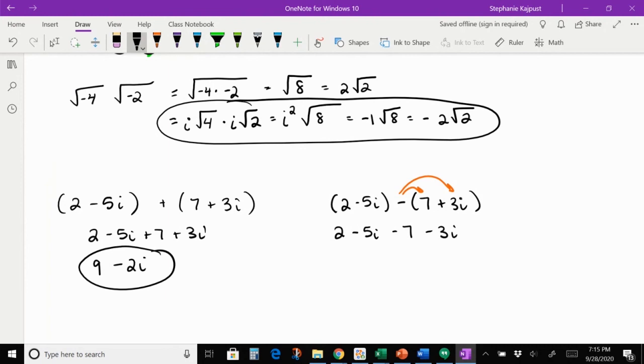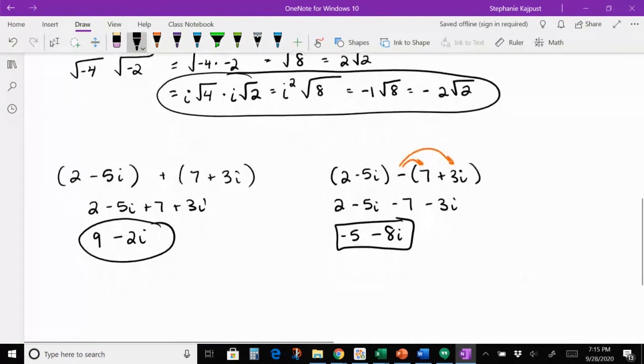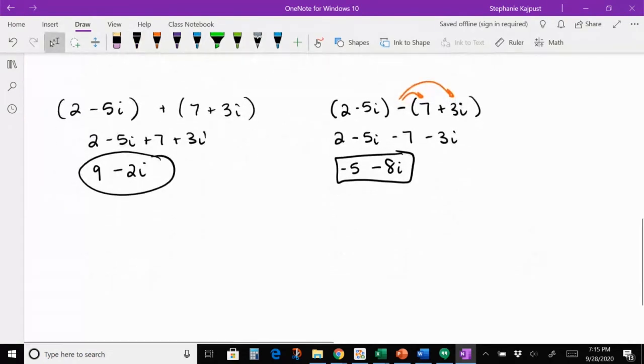Then you add your like terms. 2 minus 7 is negative 5. Negative 5i minus 3i is negative 8i. And there's your answer. There's your complex number. So even though it's an imaginary unit, it follows the same rules.